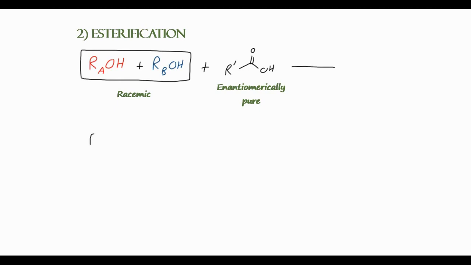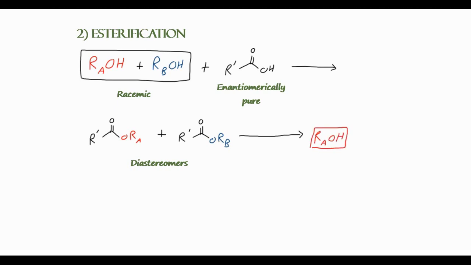And if we convert these into an ester, then again, like the last one, we get a mixture of diastereomers, so a diastereomeric mixture of esters, which we can then separate fairly easily, decompose the ester back into its constituents, and recover, now separated, the chiral compounds with the groups Ra and Rb.